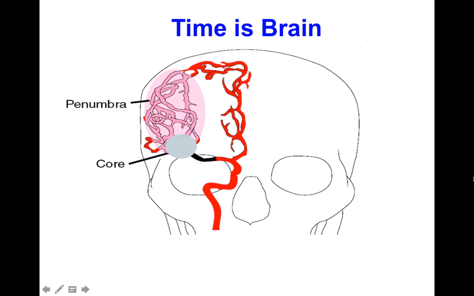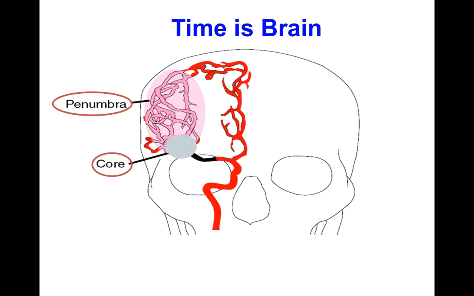One of the biggest parts of stroke management is to quickly identify the type of stroke and treat it fast. The reason why is you have a core of ischemia, and this is the site in the brain that's directly downstream from the clot. So this is the area where you have cell death, and this is what's causing some of the neurological symptoms. Around the core area is something called the penumbra.